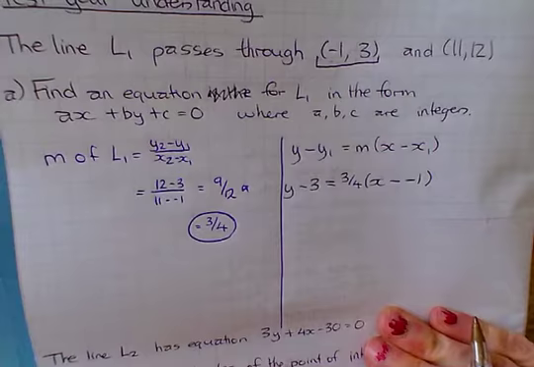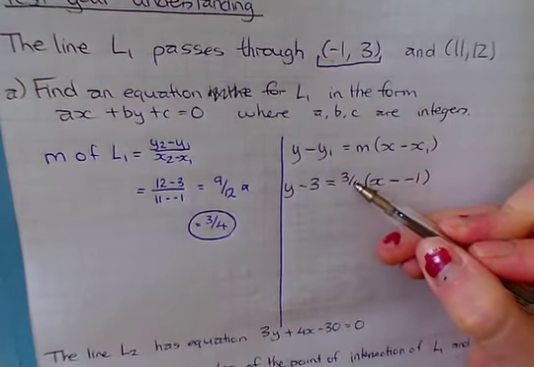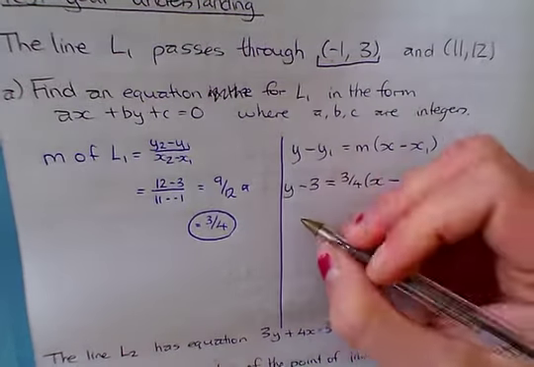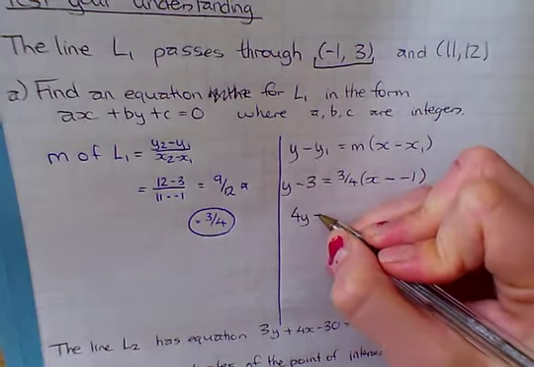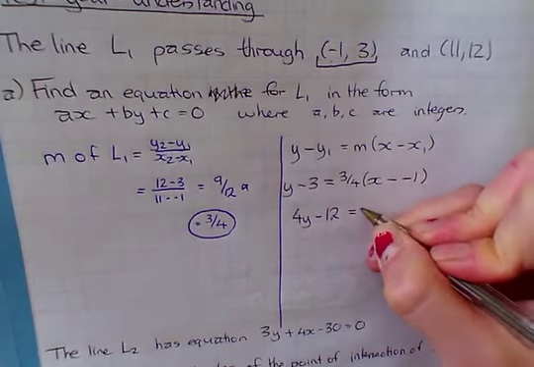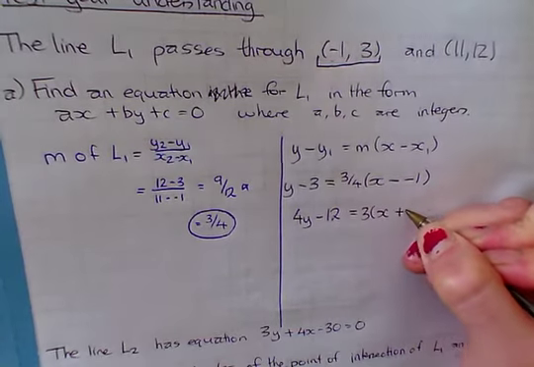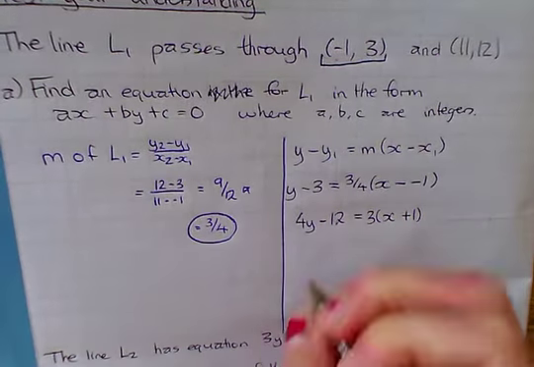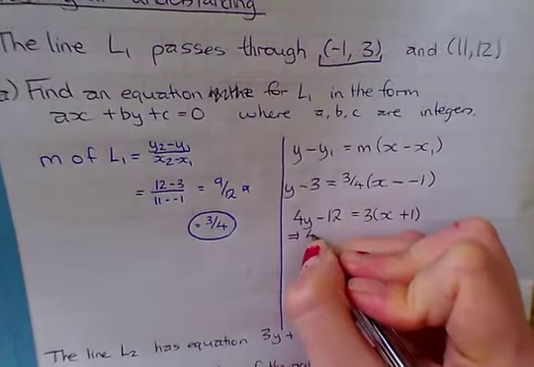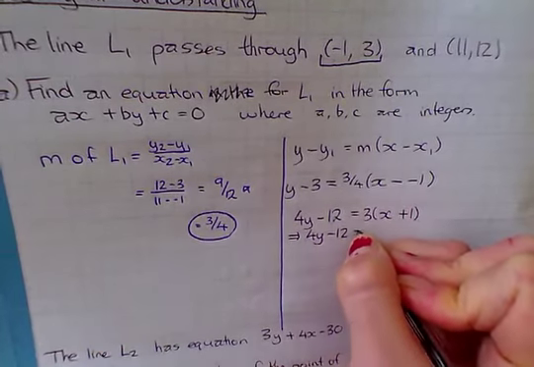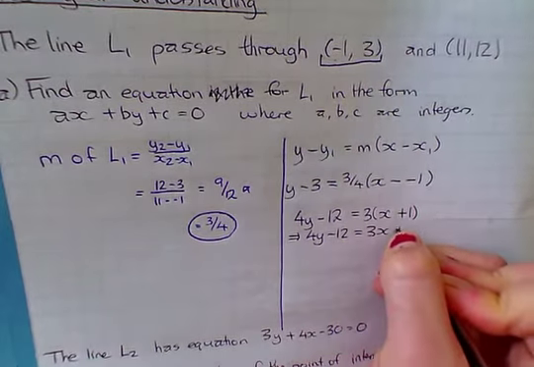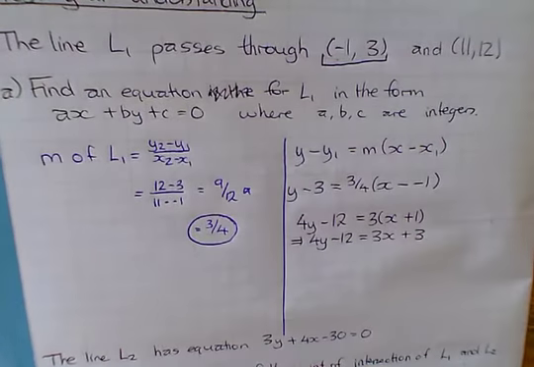So the first thing I'm going to do is multiply throughout by 4 to eliminate the fraction here. So I've got 4y minus 12 is equal to 3 lots of x, and then take away -1 becomes +1. And if I expand the brackets here, I've got 4y minus 12 is equal to 3x plus 3.